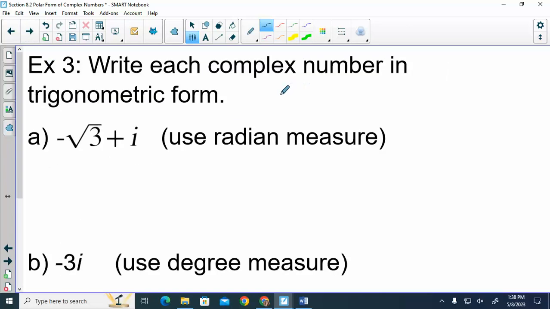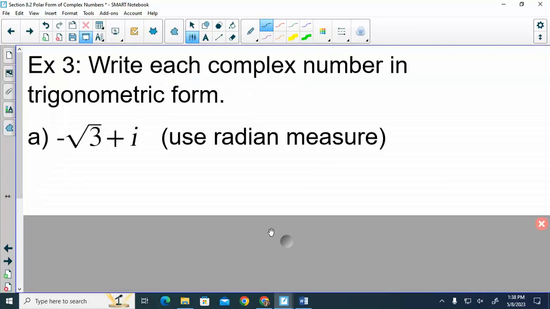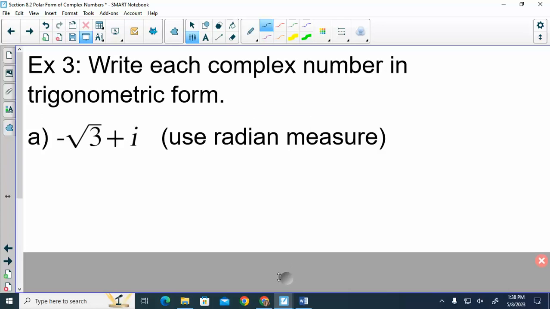So we're going to take the complex number and write it in trig form or polar form. Those are the same things. So first, let's graph.